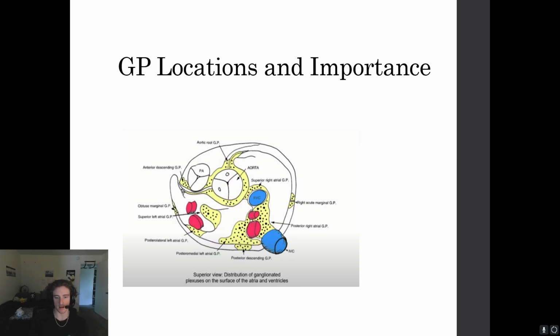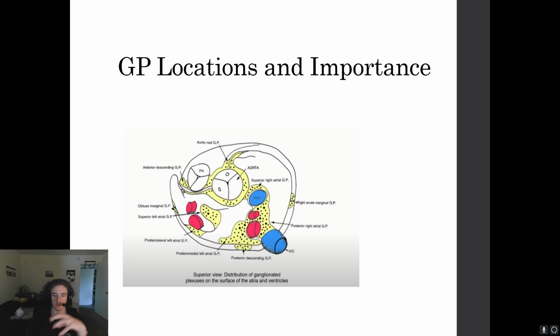ganglionated plexi actually play a huge role in AFib, okay? So the active area of ganglionated plexi sites, or the area where the vagal response is mostly elicited, appears significantly higher in AFib. So there's a higher area of active ganglionated plexi during AFib.